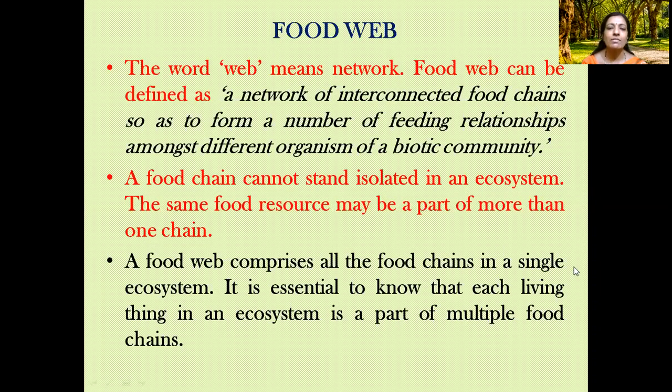It is very necessary to know that each living thing in an ecosystem is a part of multiple food chains. So what you need to understand here, students, is that a food web is nothing but a collection of many different food chains which are overlapping over each other.